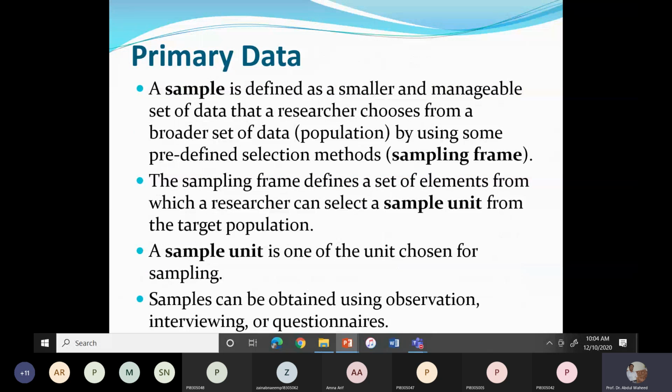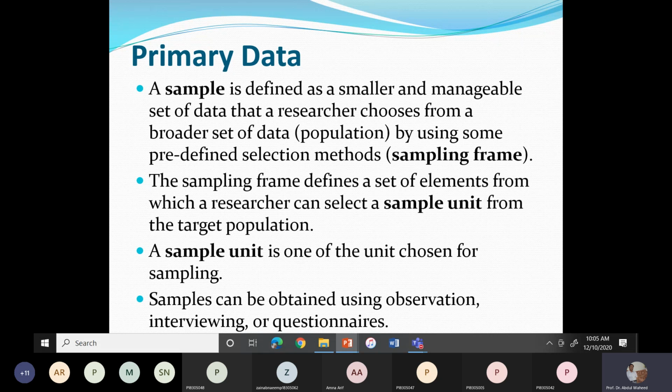Now a sample is a smaller and manageable set of data that a researcher chooses from a broader set of data, which is the population. So basically a sample is a subset of the population, because it is time consuming and costly to get the data for the entire population.